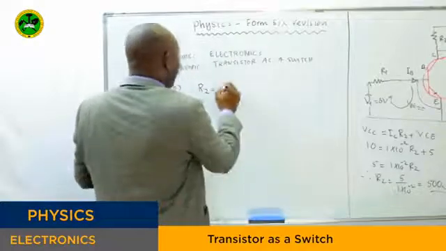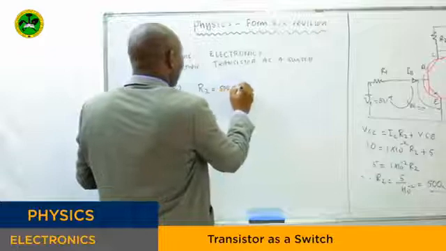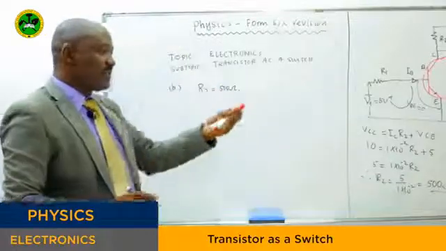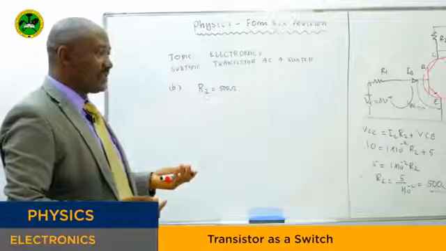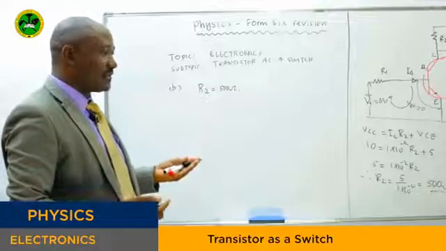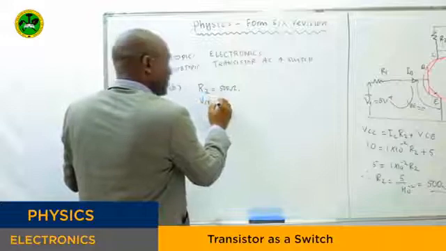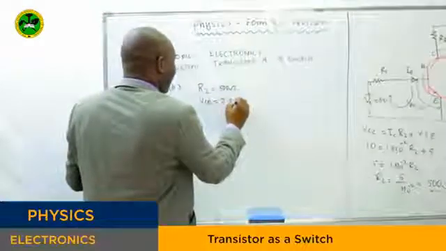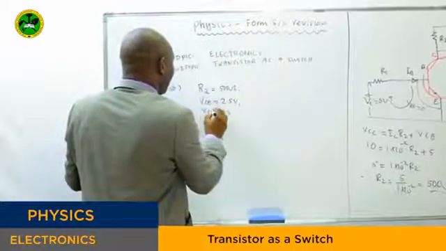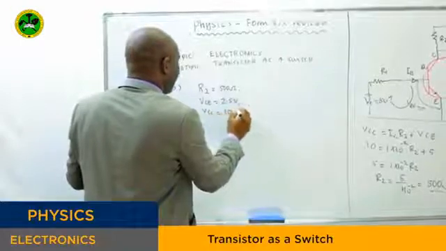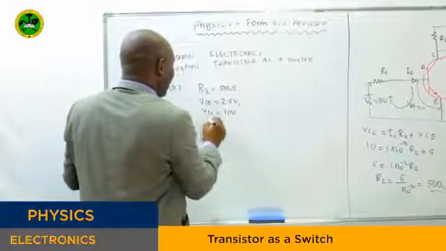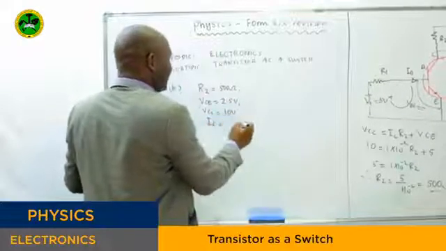It remains as 500 ohms. The resistor which is changed is R1. By changing that, we are told VCE now changes to 2.5. In other words, the supply voltage remains the same as 10. And what will be now the collector current?